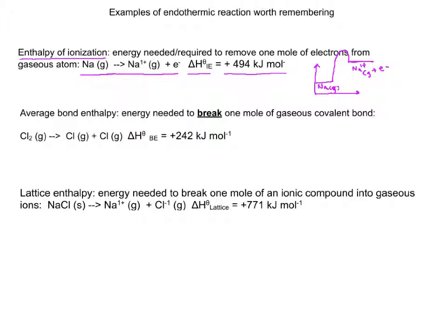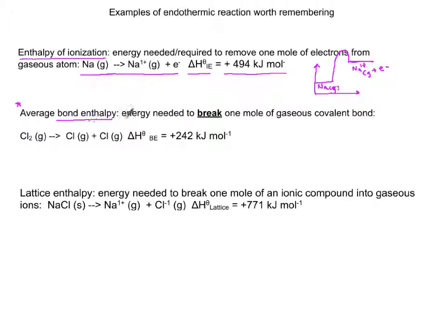Another one that is sort of common sense is bond enthalpy. And the average, I'm going to explain it later on when we need it in calculations. Bond enthalpy could have two definitions, whether you break it or make it. If you break it, you need energy. It's endothermic, and it makes sense.